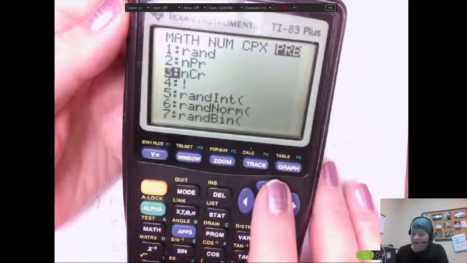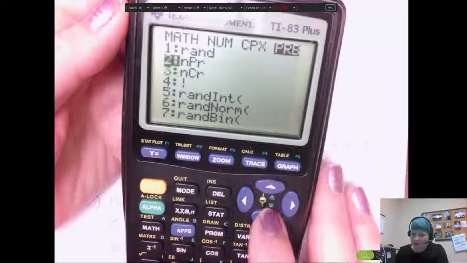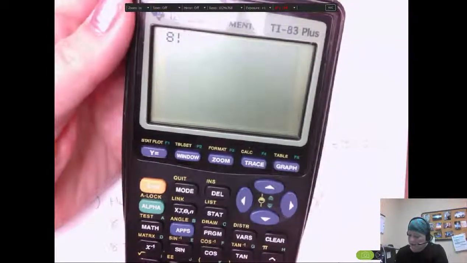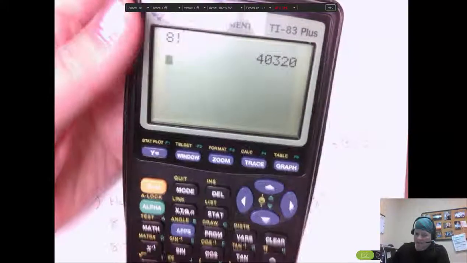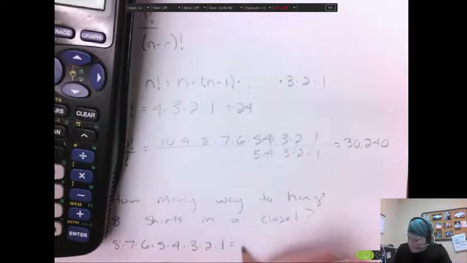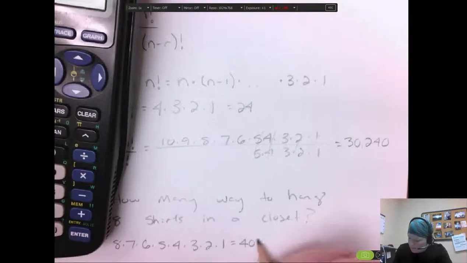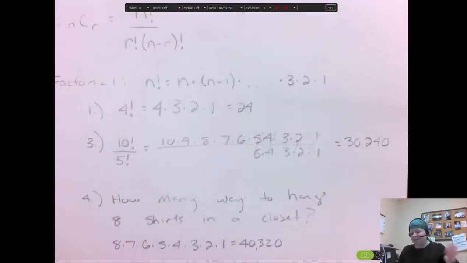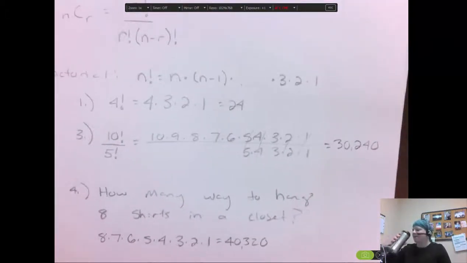Those are the formulas for permutations and combinations as well. We're going to go down to 4. That's our factorial, and click, and ta-da! It multiplied those for us so that we don't have to put in all the numbers. So there's 40,320 ways to put 8 shirts in a closet. Doesn't that sound like a lot?